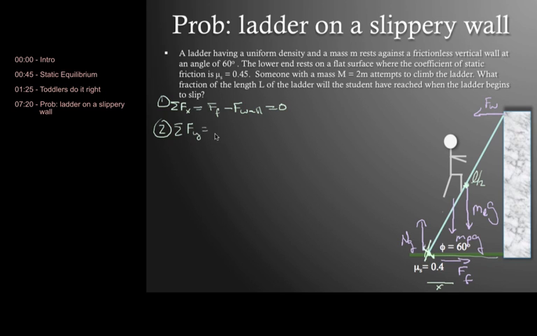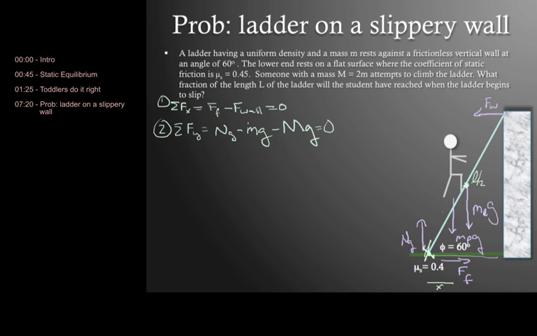So here we're going to have the normal force between the ladder and the ground, minus mg, so the ladder is a little m, and then the person is going to be a big M. So we can go ahead and put these in. And then this all is equal to 0.